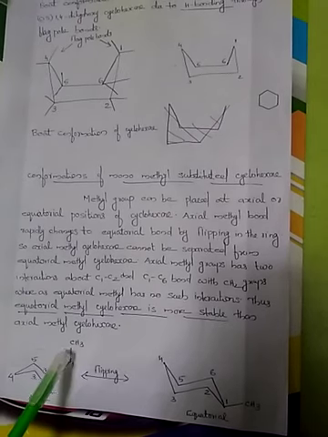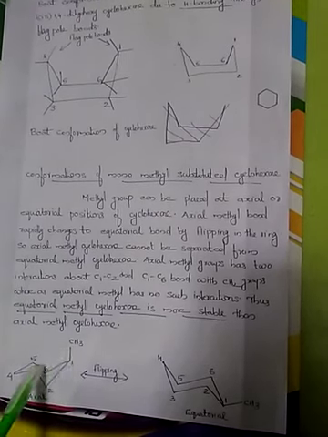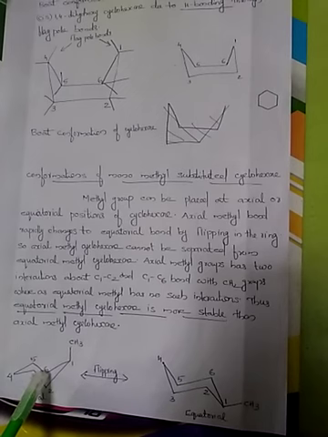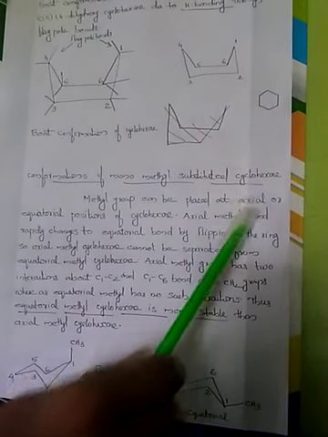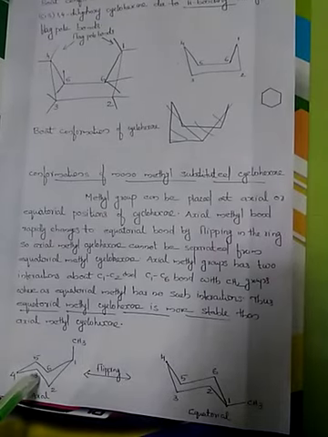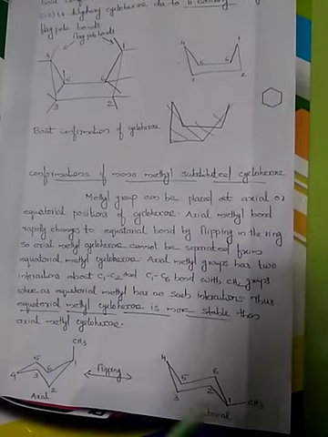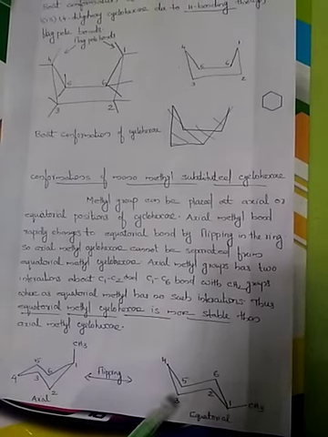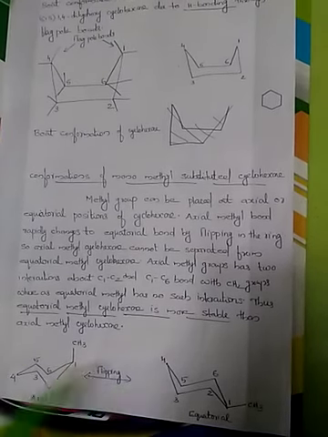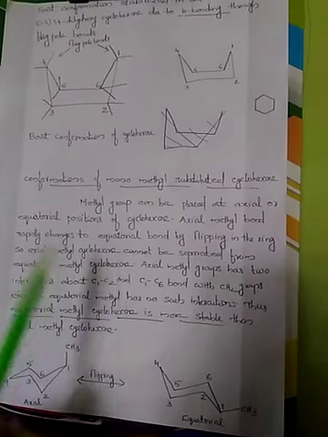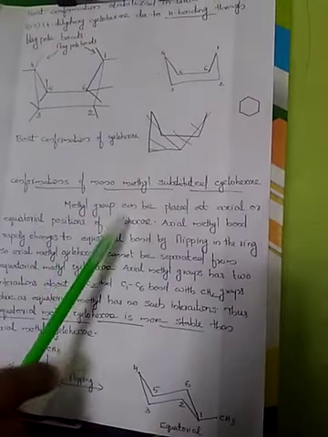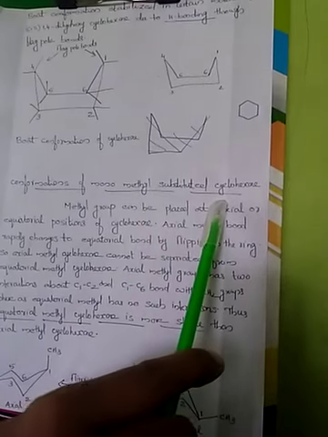So due to this interaction, the stability decreases in the case of axial monomethyl substituted cyclohexane. It will be clear using this diagram. While you are studying, you draw the diagrams, then you can study easily. So here I discussed the conformation of monomethyl substituted cyclohexane.